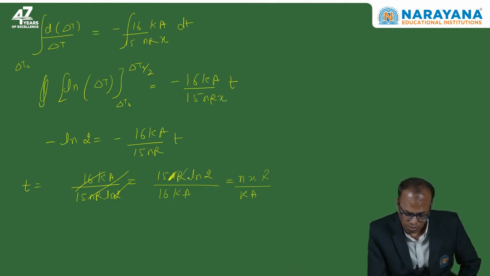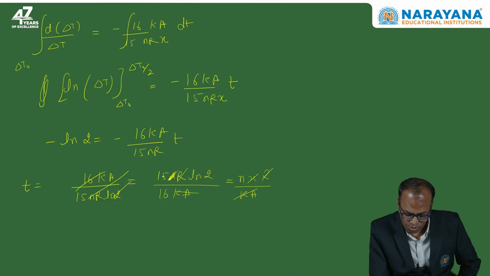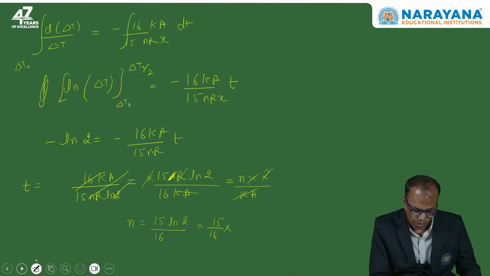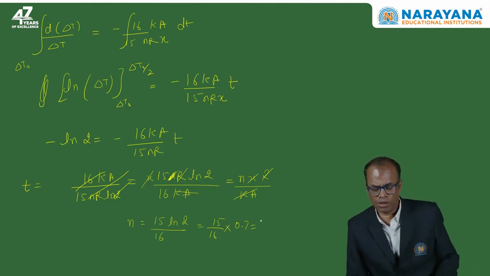So now R goes on both sides. So the value of n is n is 15 ln 2 by 16, and ln 2 is given to me in the question. It is 0.7. So 15 into 0.7 by 16 is the answer.